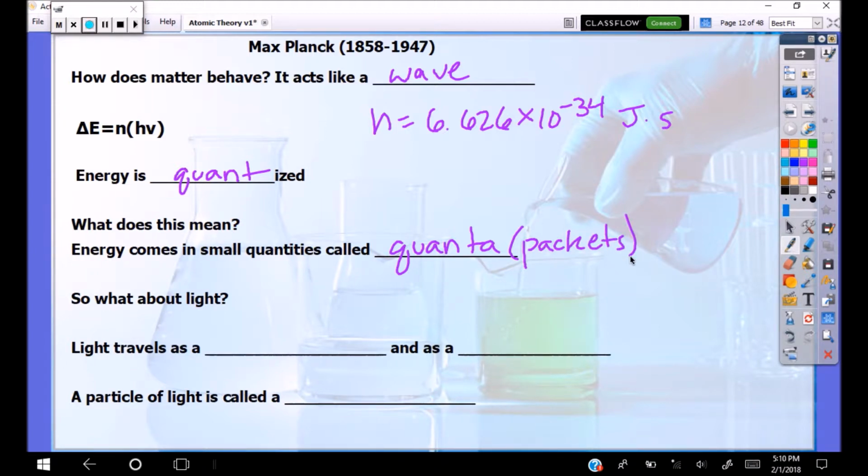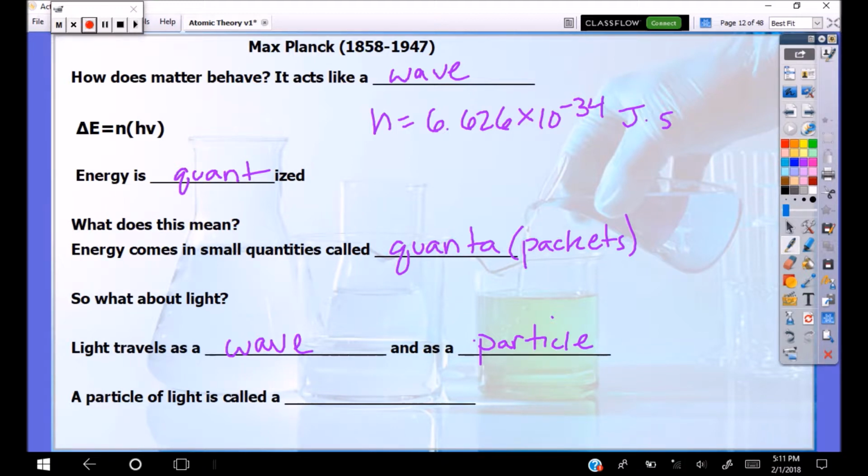When we're thinking about an atom, we know an atom has different energy levels. These quanta can help it move from one energy level to the next. Because of this, light can travel both as a wave and as a particle. There's this idea called the duality of light.